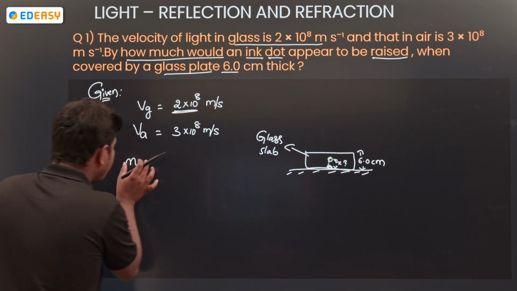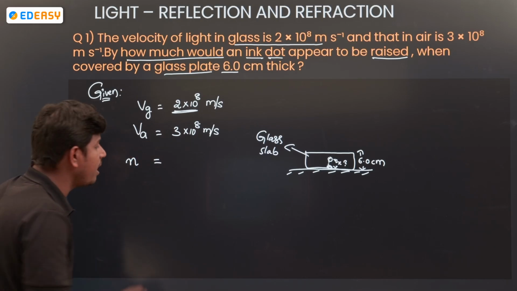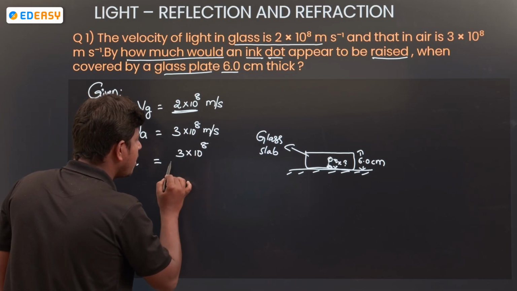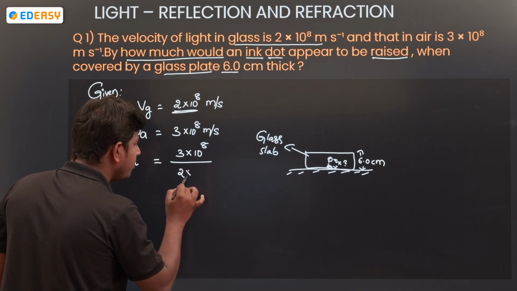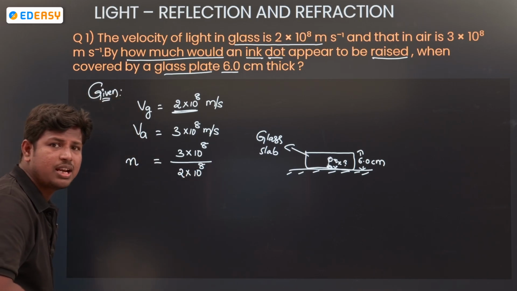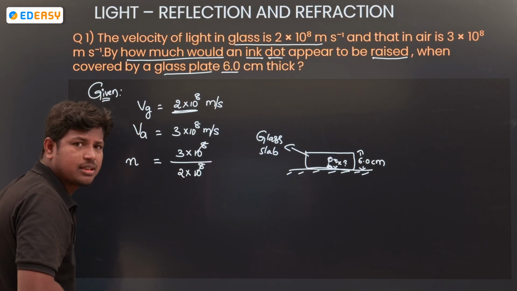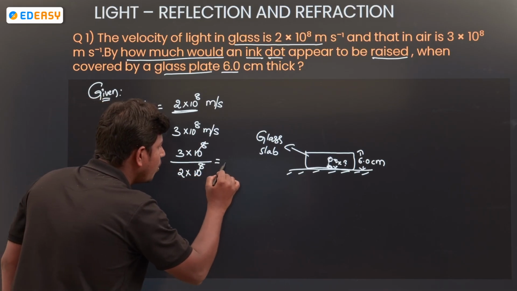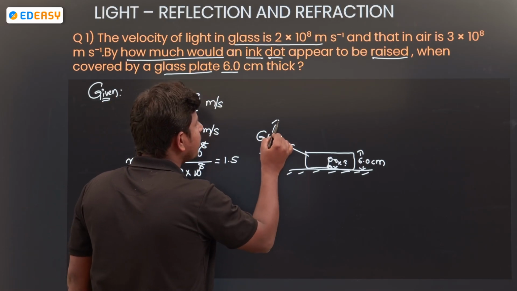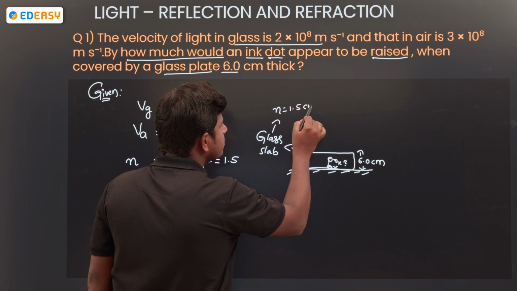Okay, so the refractive index, what is the formula? Speed of light in air by speed of light in medium. So 10 to the power of 8 and 10 to the power of 8 get cancelled. 3 by 2, 1.5. So the refractive index of the glass slab is 1.5.